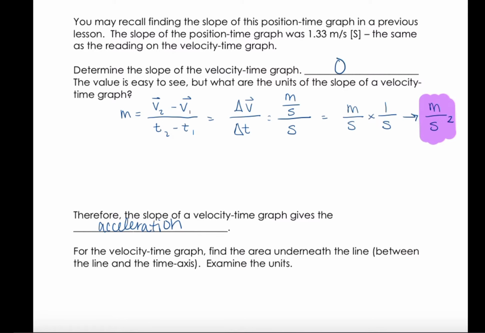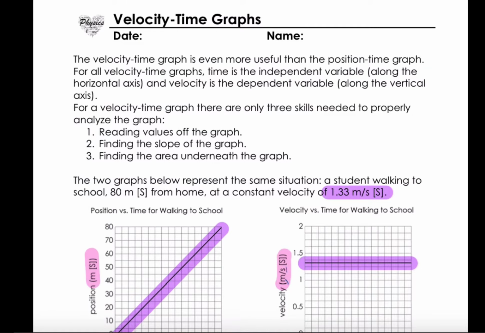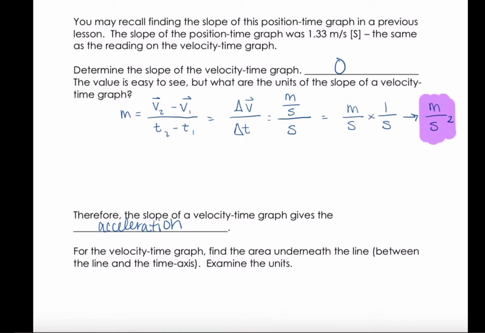If we talk about the acceleration occurring here, there would be no acceleration, which makes sense because they're going at a constant velocity. If the velocity was changing, we would have acceleration. But because there's no change in velocity, it's zero acceleration. Thus, we have a zero slope on the velocity versus time graph.